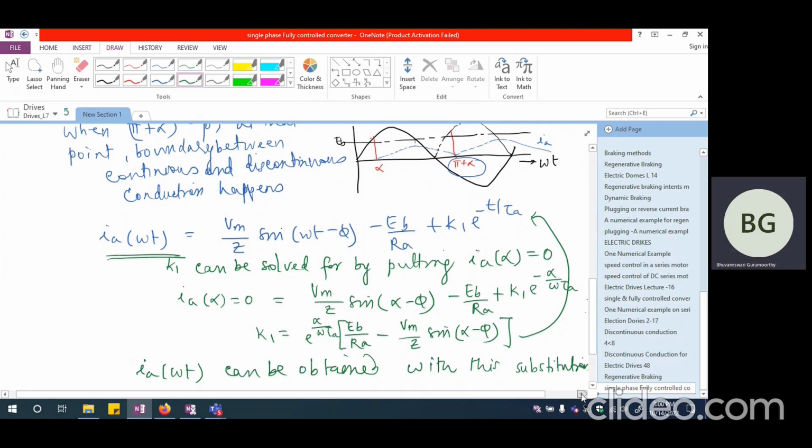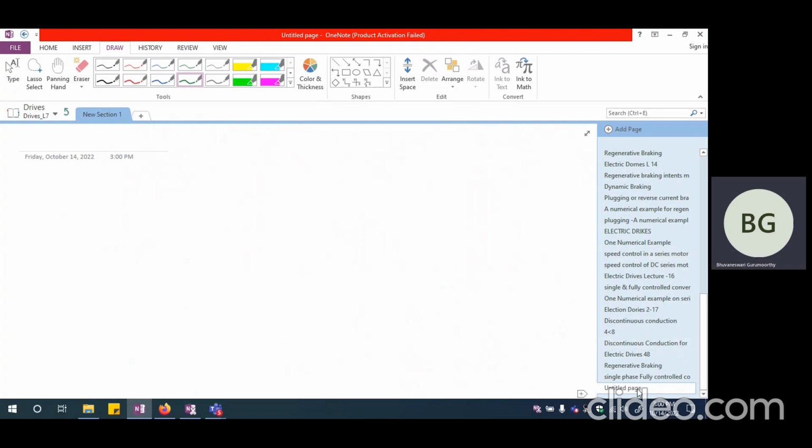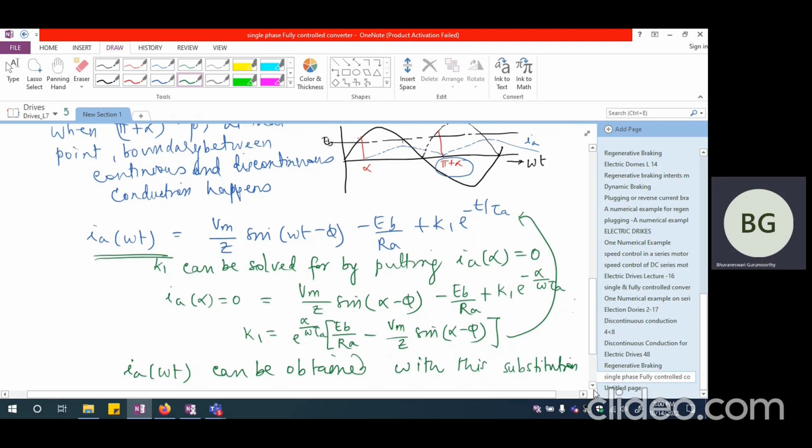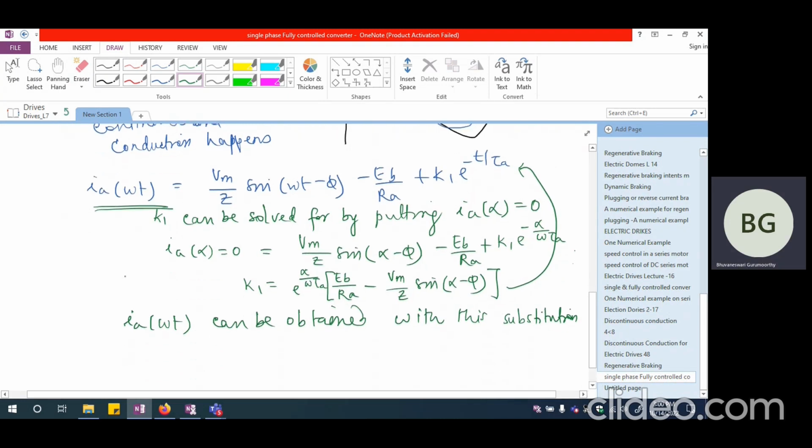Now, once you obtain this particular expression, you can say i_a(β), which is equal to i_a(π plus α), equals 0.